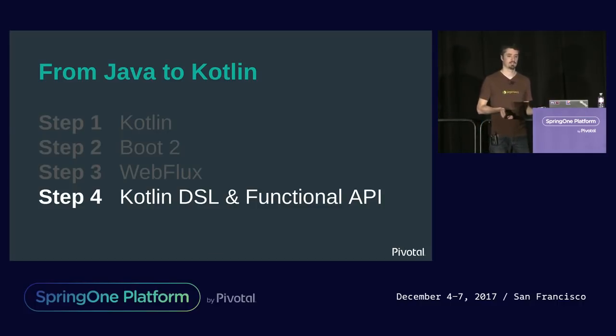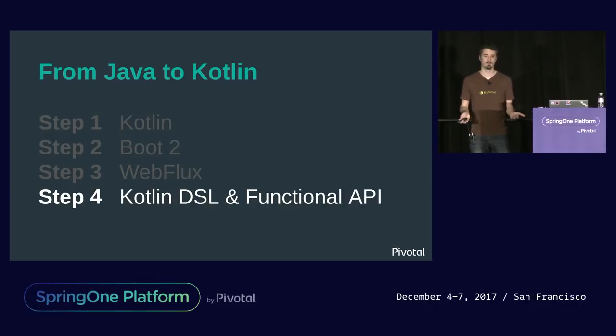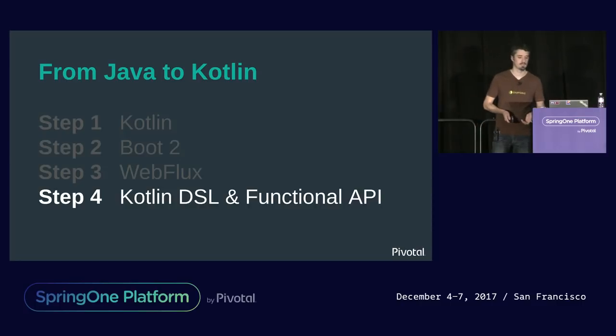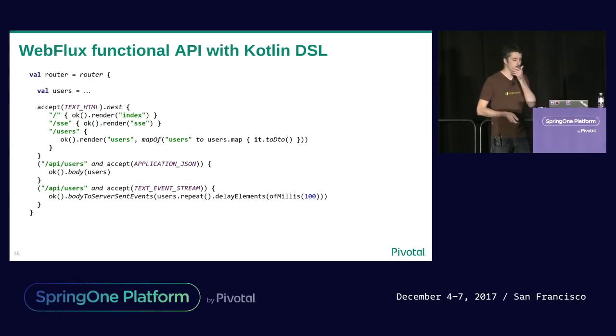And we provide that in Java. I don't know if you have seen Arjen Poutsma's very nice talk about that, but it is available in Java, and all the features are available in Java. But I do think the API is much nicer in Kotlin. So on top of this Java functional API, we provide a DSL.